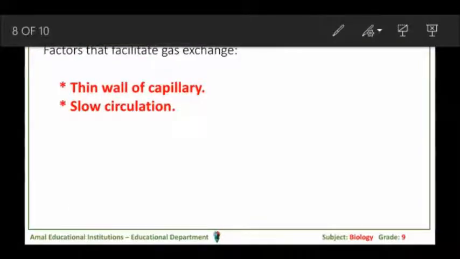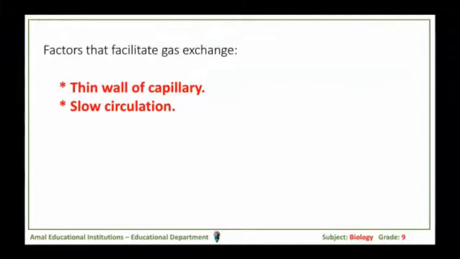Now, what are the factors that facilitate the gas exchange? I mean here, what are the factors that help facilitate the gas exchange at the level of the capillary? That is, what are the characteristics of the capillary that help in gas exchange? The capillary has a thin wall, and the circulation at the level of the capillary is slow.